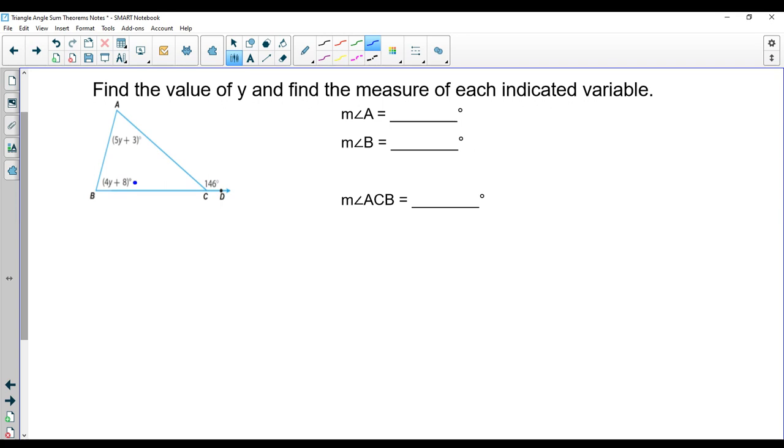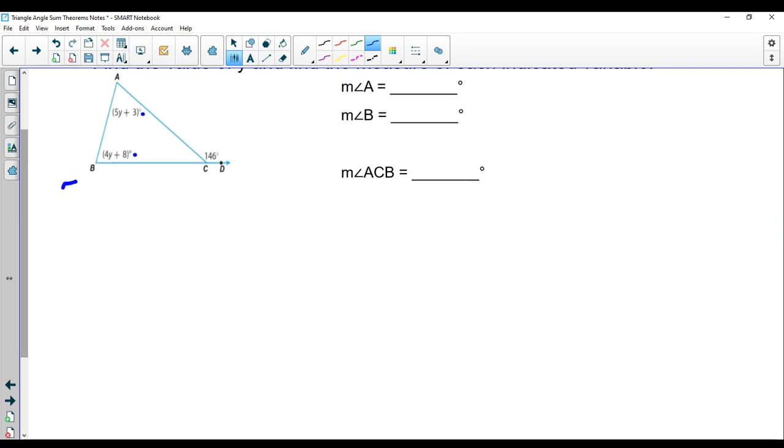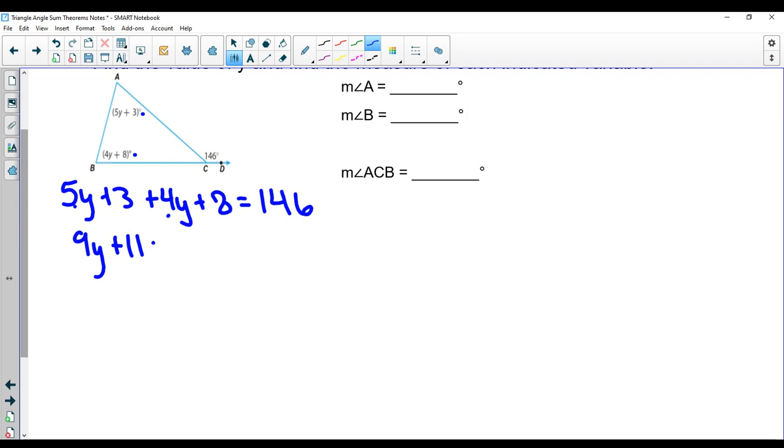So we were given angle B is 4y plus 8, and angle A is 5y plus 3, and we have an exterior angle of 146. So just straight using the theorem, I know that 5y plus 3 plus 4y plus 8 is supposed to equal my exterior angle of 146. Combine like terms, 5y and 4y gives me 9y. 3 plus 8 gives me 11.